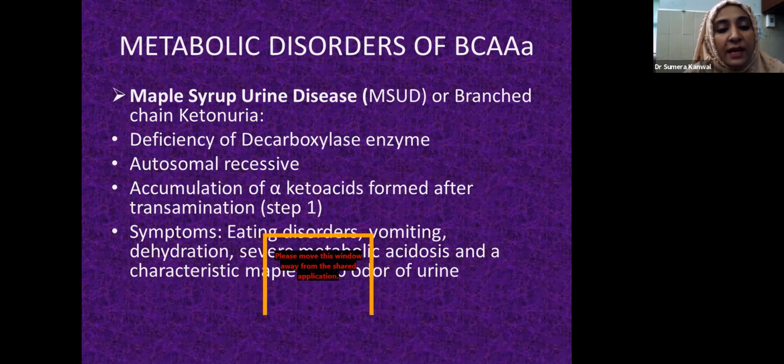This vomiting leads to dehydration. As these alpha keto acids coming from the transamination of these amino acids are acidic in structure, their accumulation leads to metabolic acidosis, a decline in the pH.